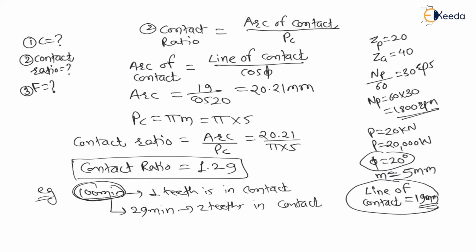Means for full time there is always one tooth in contact, and for 29% of the time a second tooth is also in contact. This is the meaning of contact ratio.